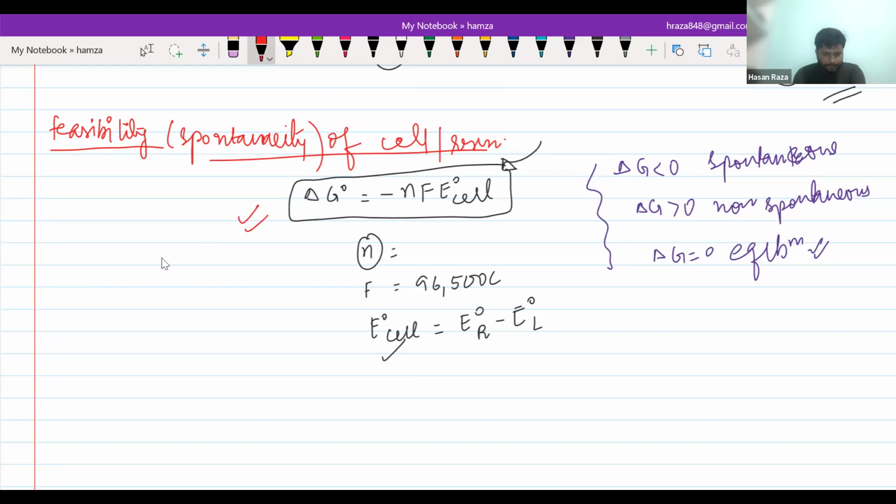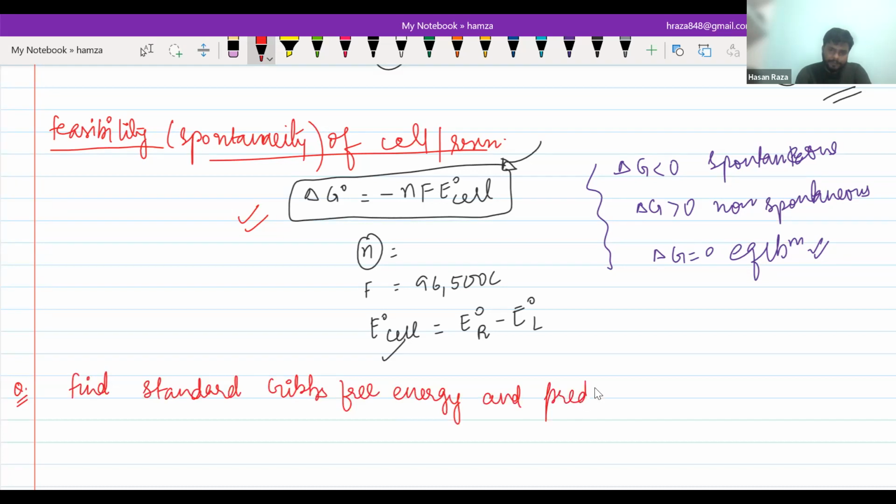So the question is, find the standard Gibbs free energy and predict the feasibility of the cell.